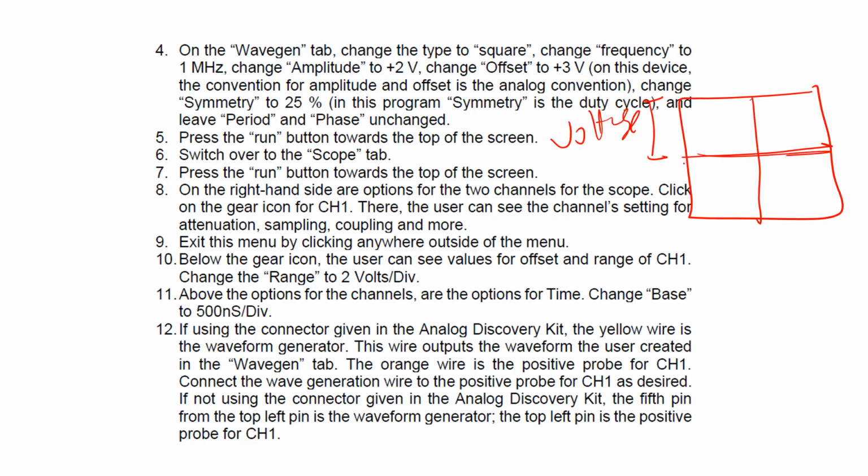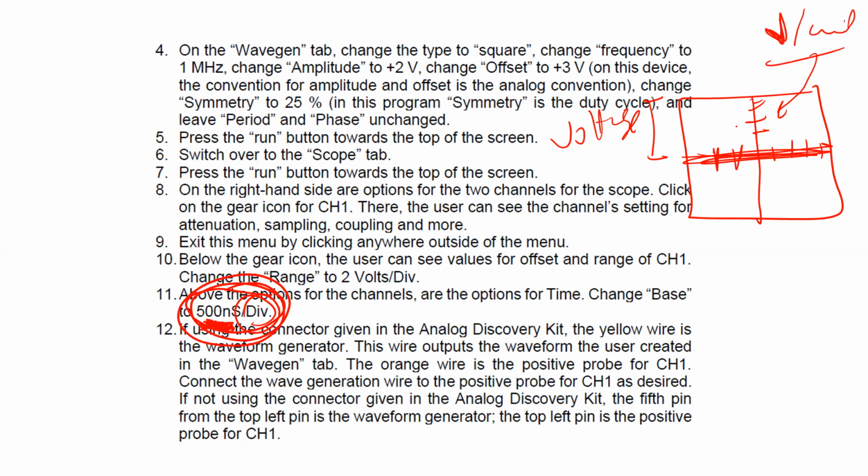The x-axis here is the time. So here we have units. How many nanoseconds or microseconds per division or per unit. Same thing here: how many volts per unit.